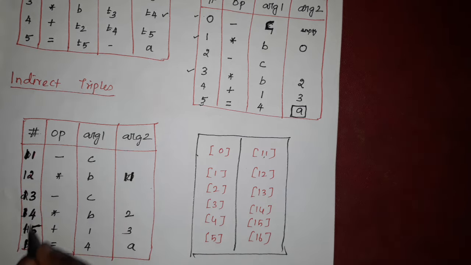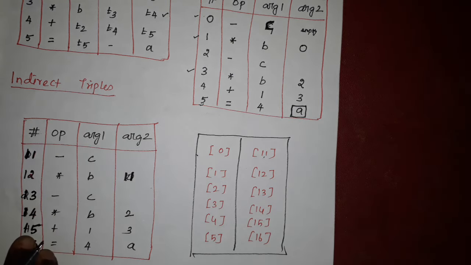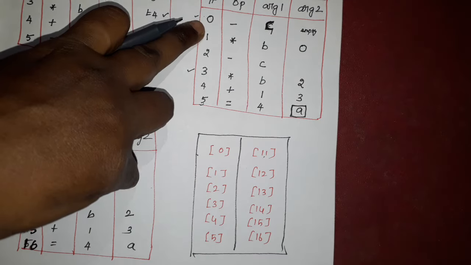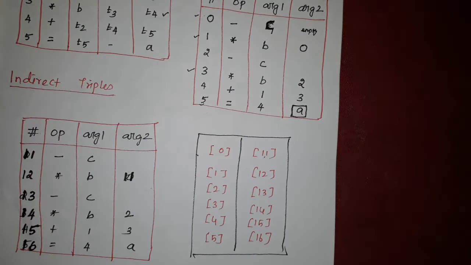We can write any index value, not necessarily 11 to 16, but different from 0 to 5, because we have already written 0 to 5. We can write any index value in indirect triple to point to the particular triple value.